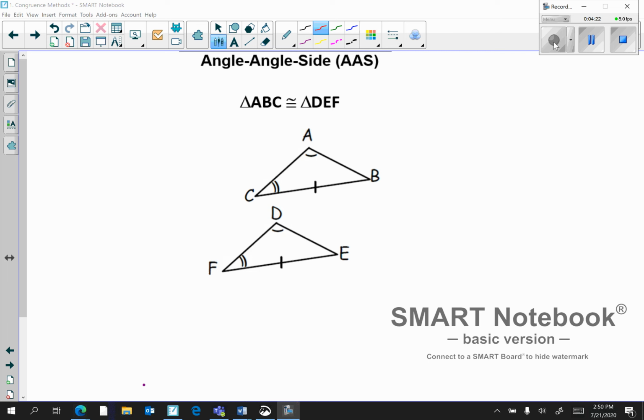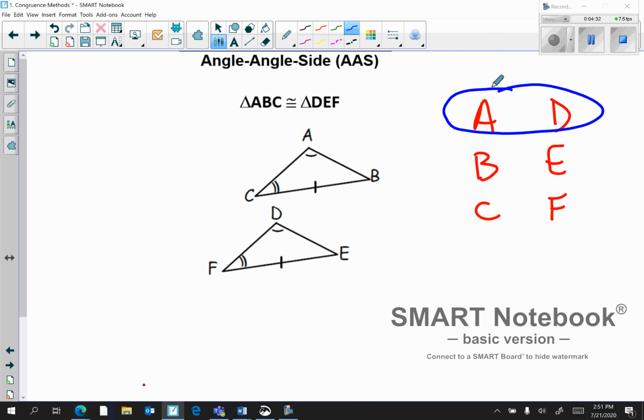So again, I'm going to line up the letters A, B, C, and D, E, F. So angle A is congruent to angle D, and angle C is congruent to angle F. Then we have CB is congruent to FE. And again, notice that the side is not in between the two angles. It's here.